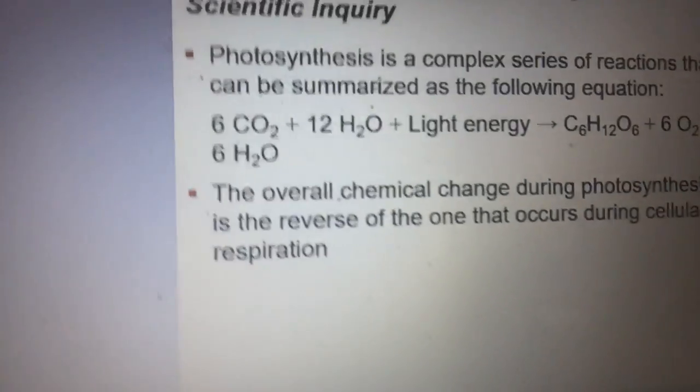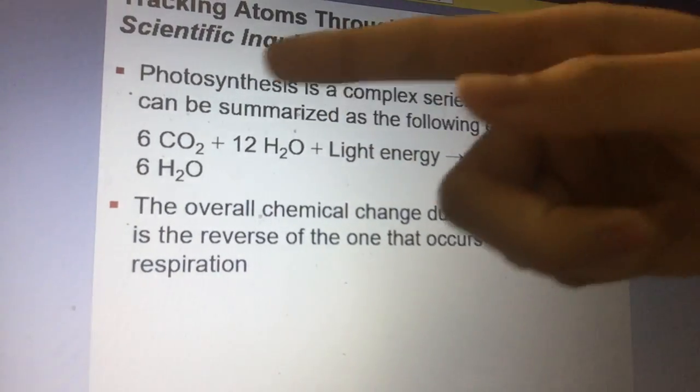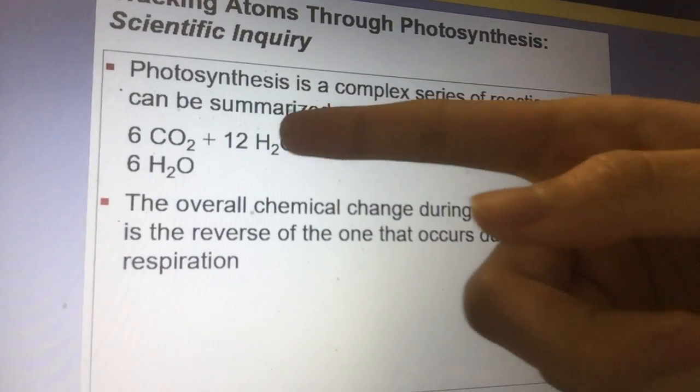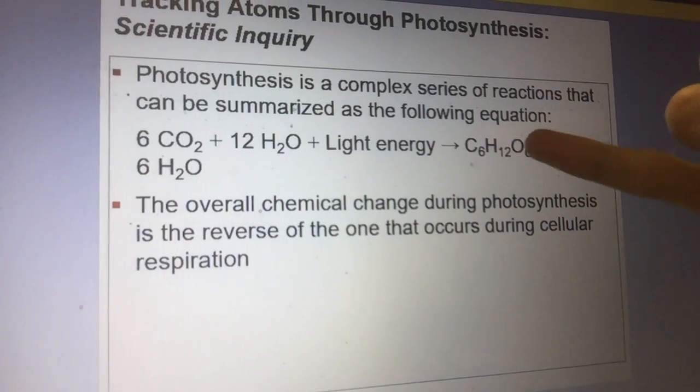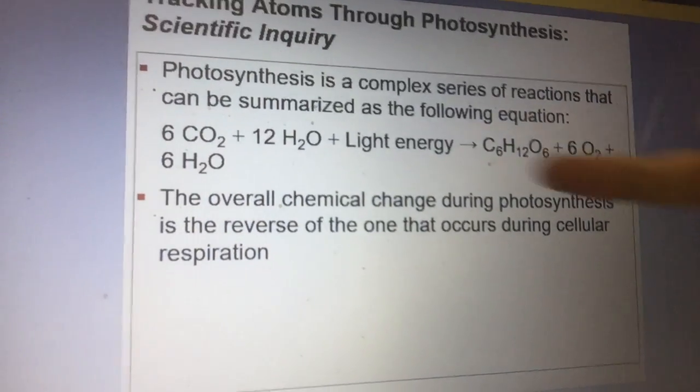So photosynthesis can be summarized into a series of reactions, and the reactions can be shown by this one equation. As you can see, 6 carbon dioxide, 12 water molecules plus light energy, and then you create sugar, 6 oxygen molecules, and 6 H2O.